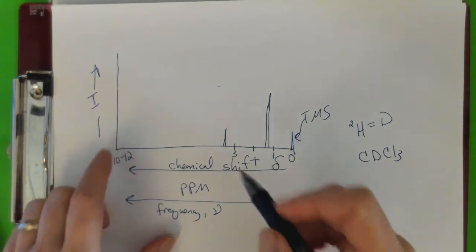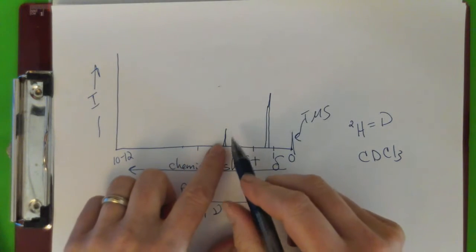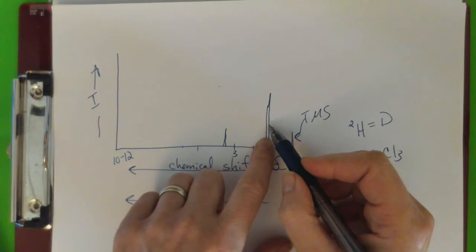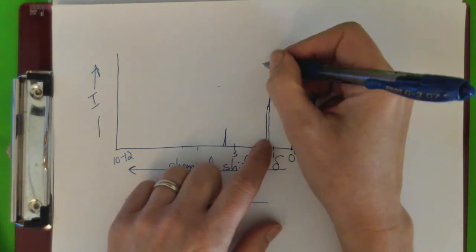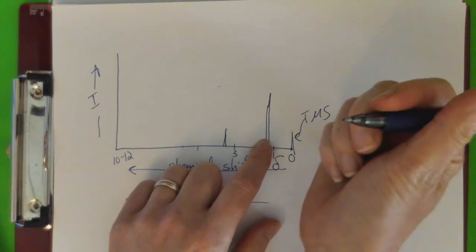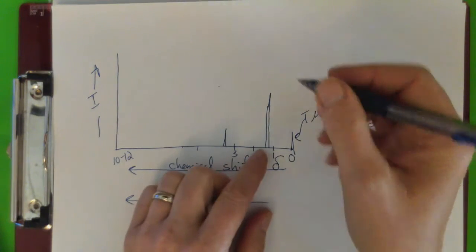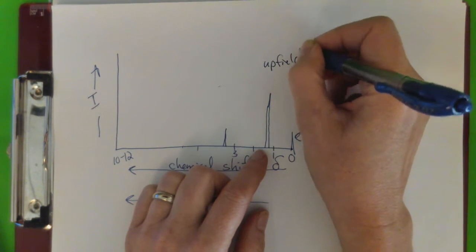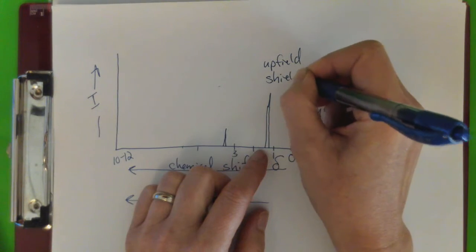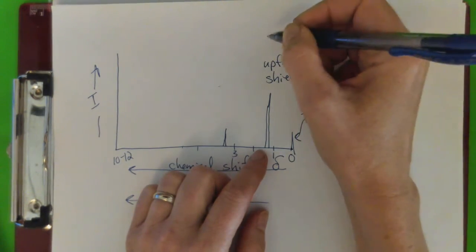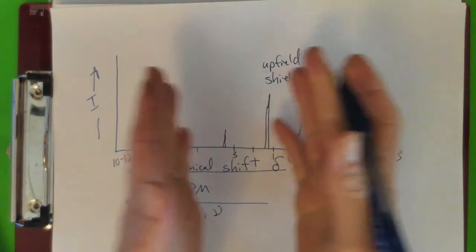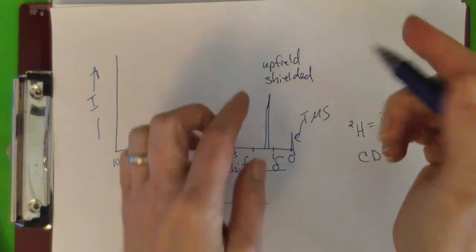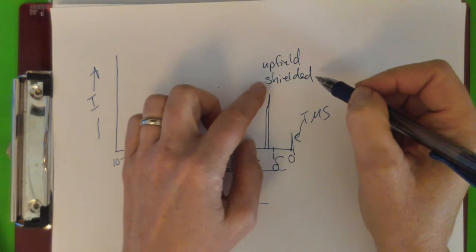So here, and this keeps going all the way up, I've got 2 signals appearing, and one is to the right. If a signal is to the right in terms of the chemical shift, we say that it is upfield and shielded. We'll learn why it's called that. So signals that are to the right in an NMR spectrum are upfield or shielded.